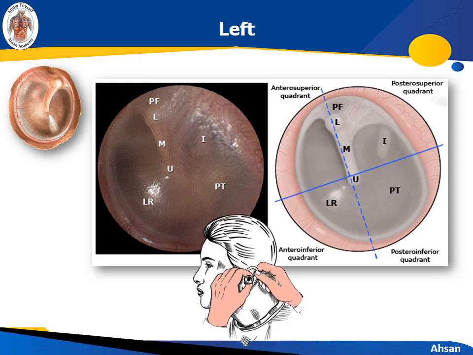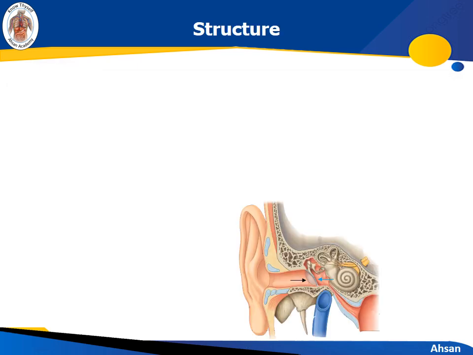The patient should be like this. So this is the diagram of the left tympanic membrane. You can remember the right one I have shown on the left side, a small tympanic membrane. So by observing the cone of light, we can say the tympanic membrane of which side.